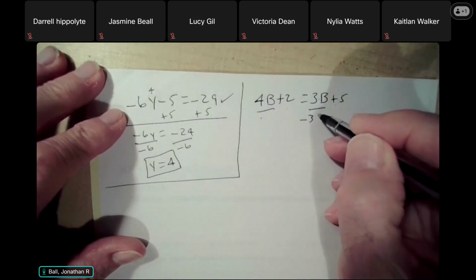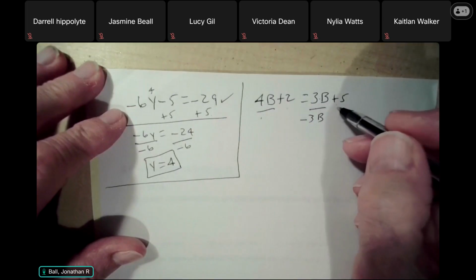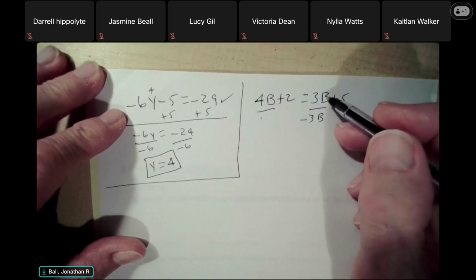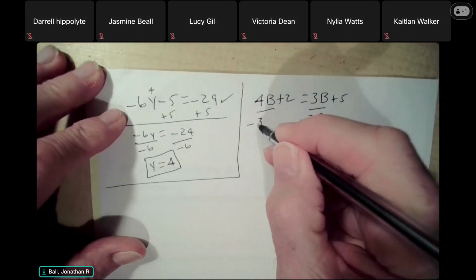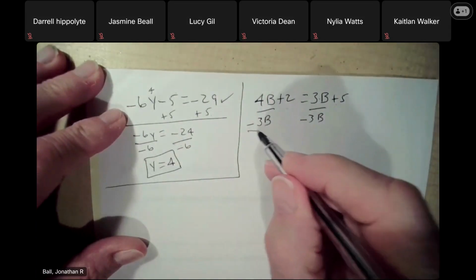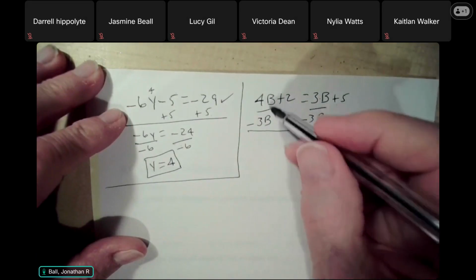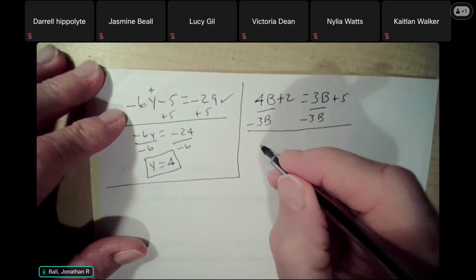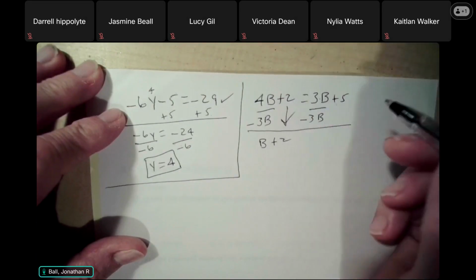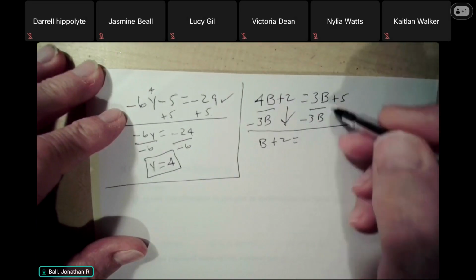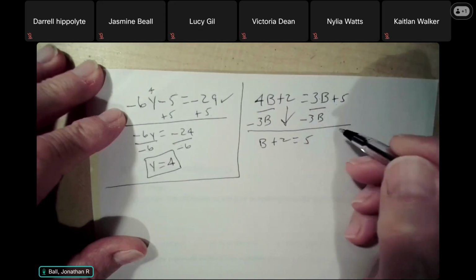We subtract 3b because any number minus itself is 0. Okay, draw a nice pretty line. 4b minus 3b is 1b, or just b, plus 2. Be sure and bring that down. Equals, that's gone, 5.